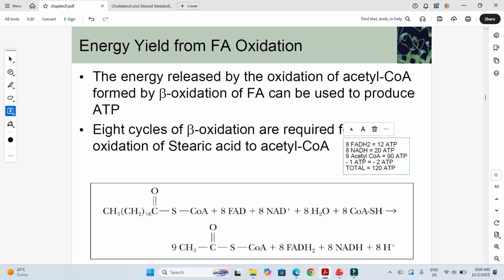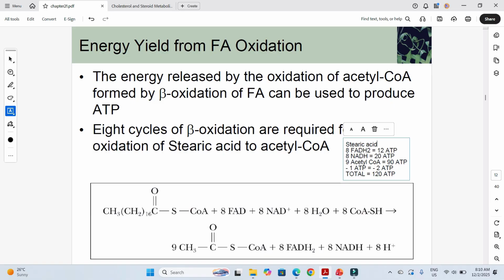Now, this is clearly much greater than the amount we obtain from one glucose. Remember, assuming that we're talking about muscle and brain, muscle and brain, right, uses the glycerophosphate shuttle system. So let's specify it here. So here is for stearic acid.